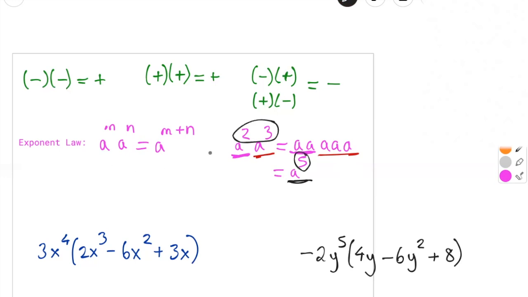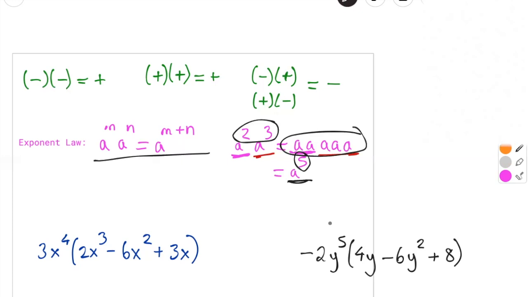That's what the property is trying to tell you, that you can skip this intermediate step, and that the final answer will simply be the 2 exponents added together. So even though you're going to say multiply, you're not actually multiplying anything. You're adding the exponents and you're keeping the bases the same.